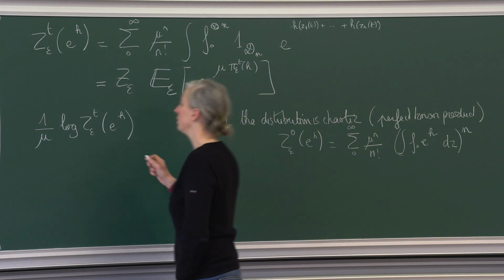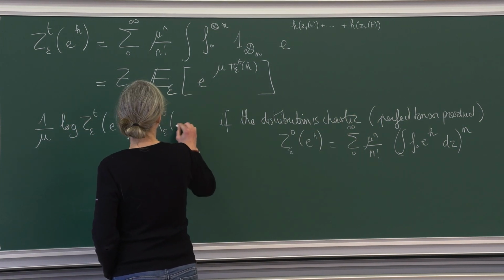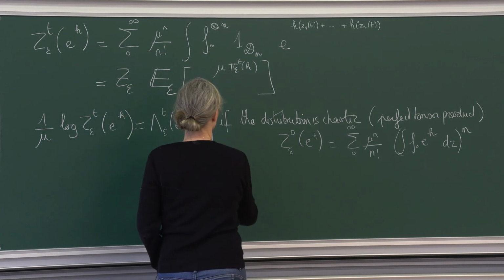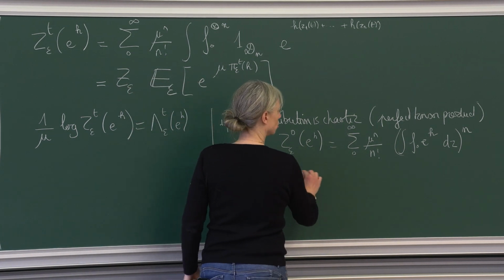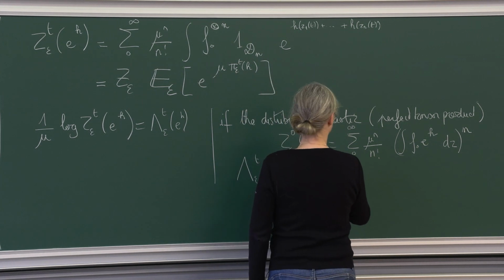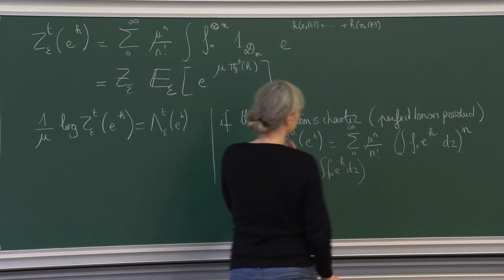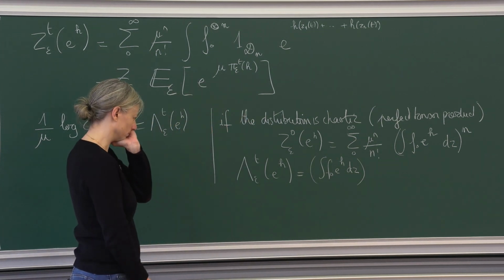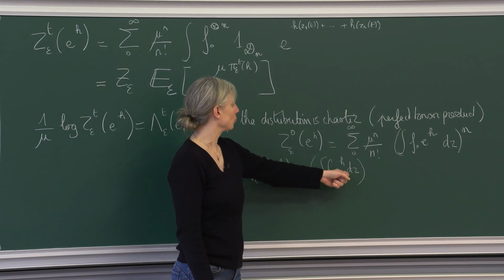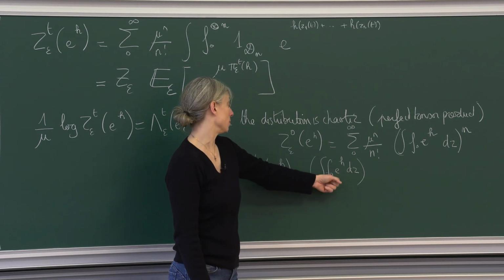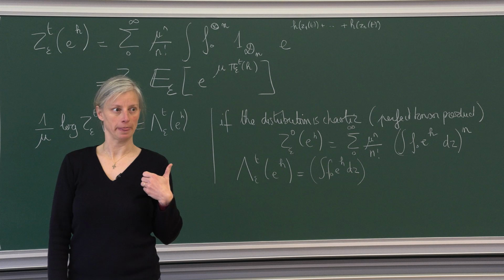So this lambda, I will call it lambda of epsilon t. In this case, lambda epsilon t of h is just the integral of this. So in particular, as a series in exponential h, you have only one term, and this is just the expectation.